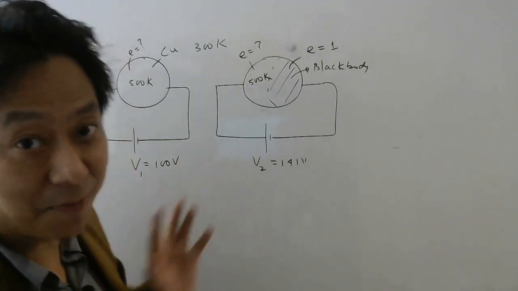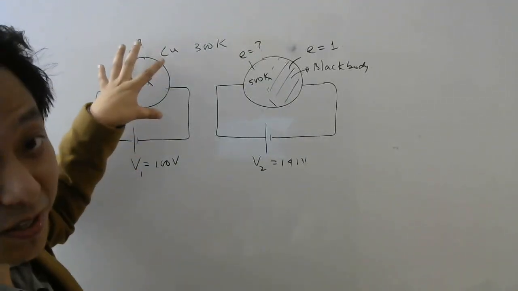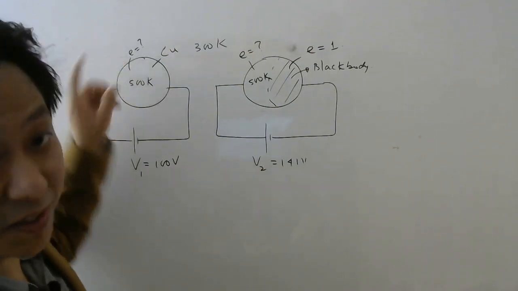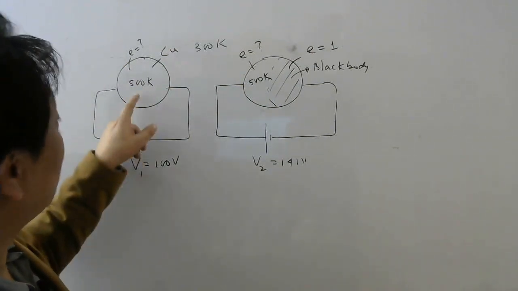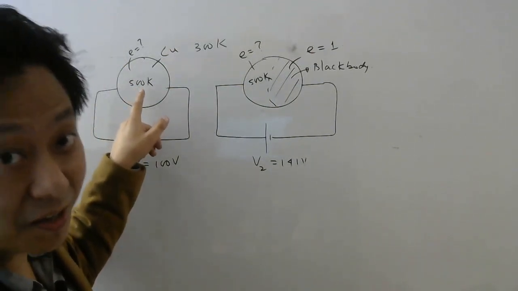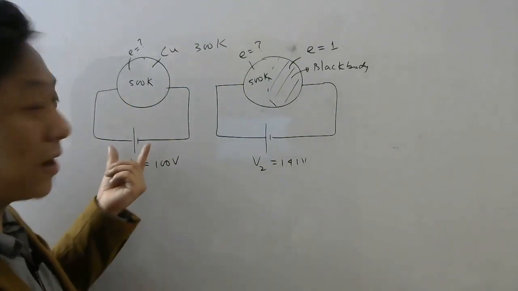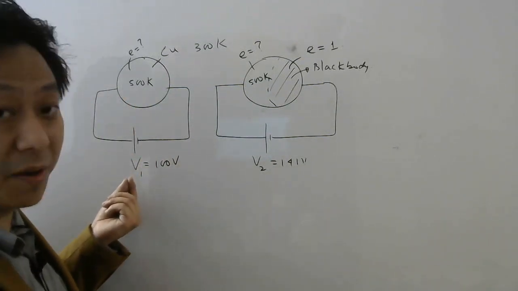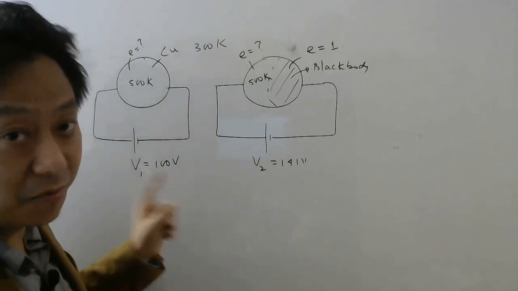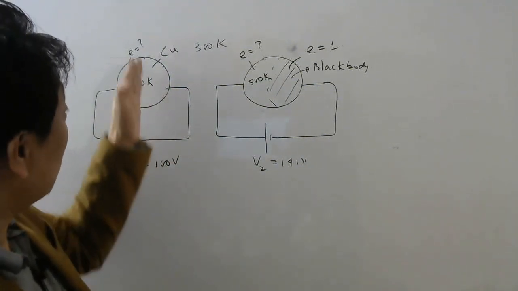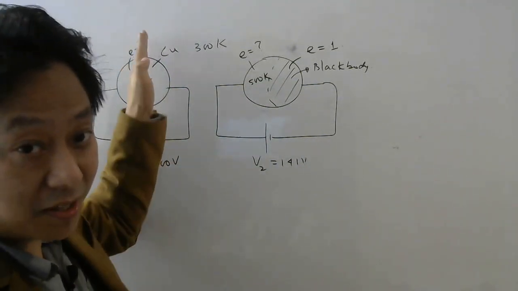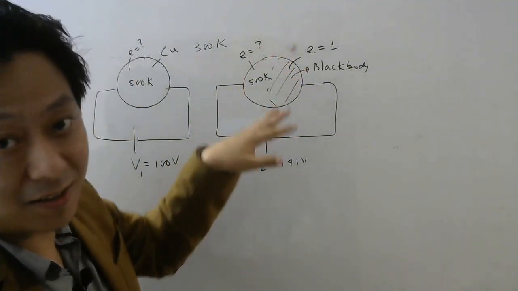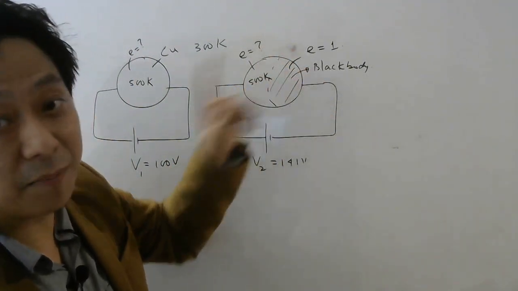So this diagram explains the question. We have a copper surface body whose emissivity we have to calculate. Its temperature is maintained at 500 Kelvin by applying a battery whose EMF or voltage is 100 volt. Then what they have done, one half of the surface is blackened so that it behaves like black body.